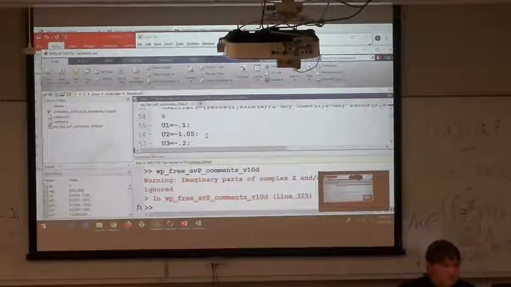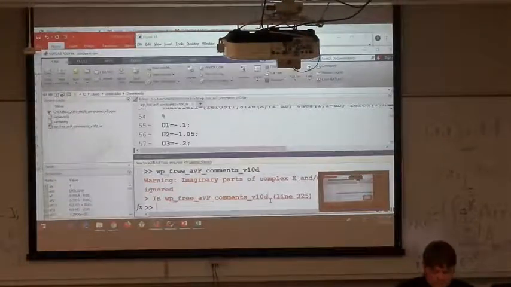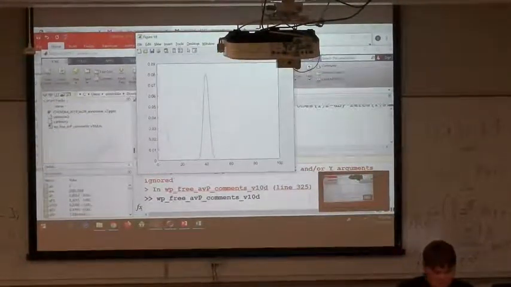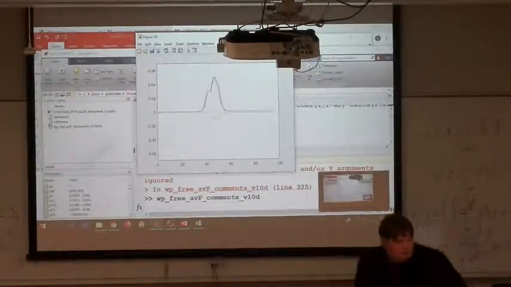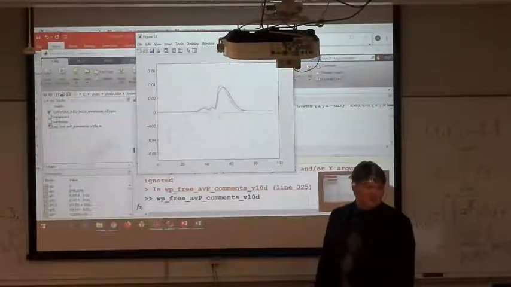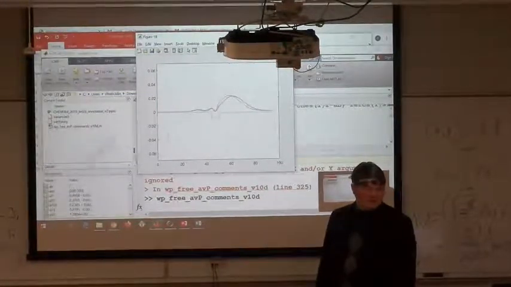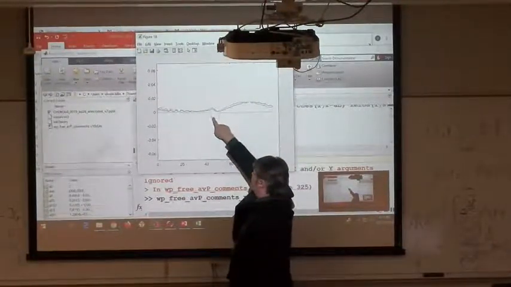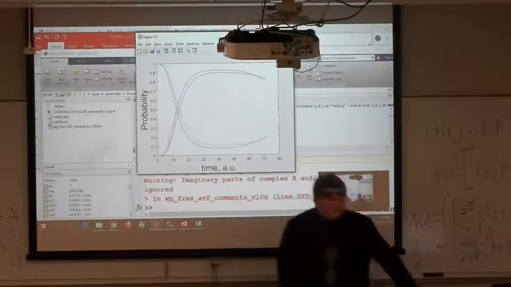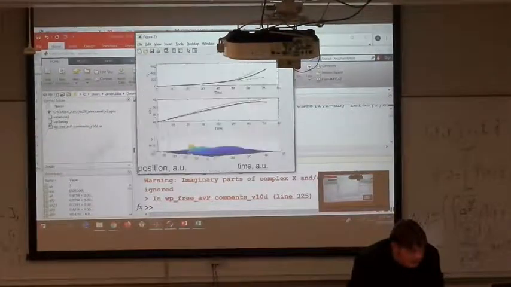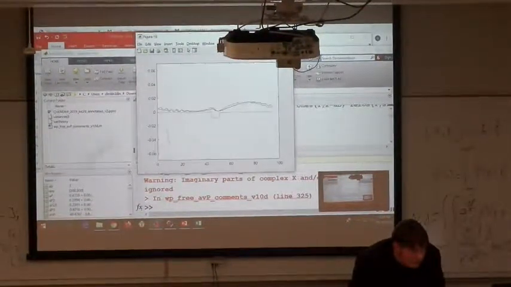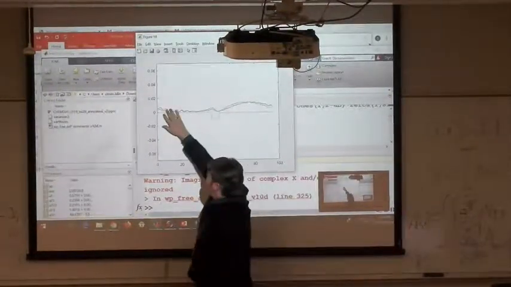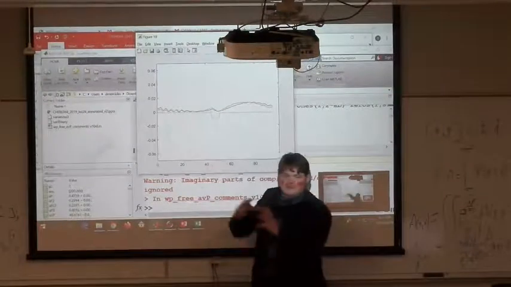Control S. This would correspond to the box of finite depth. You have seen that a portion of the wave packet passed through, a portion of the wave packet reflected, and a little portion was trapped.